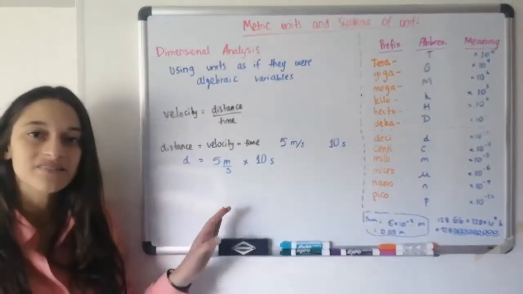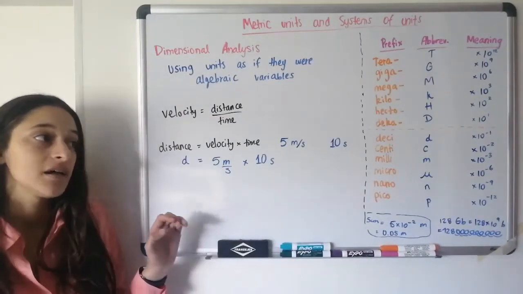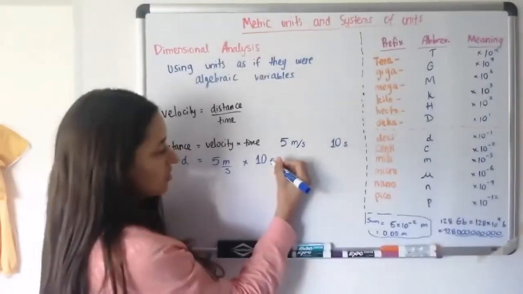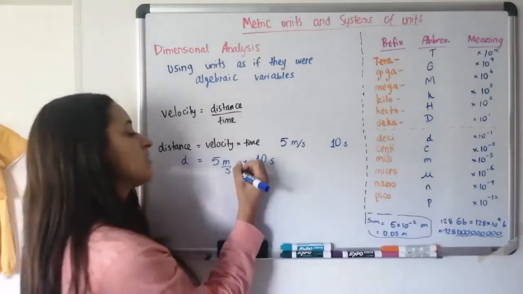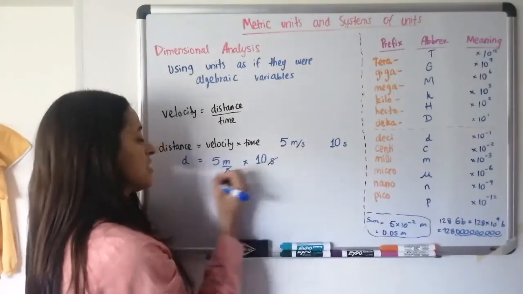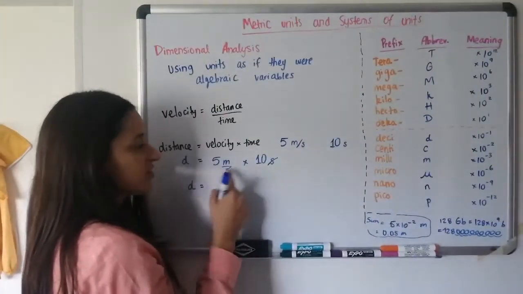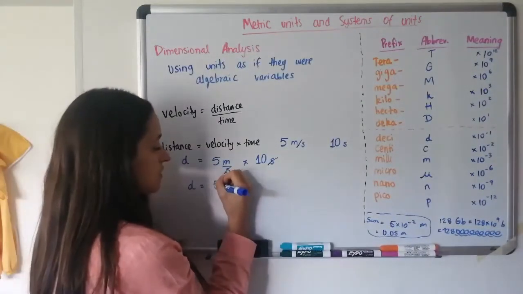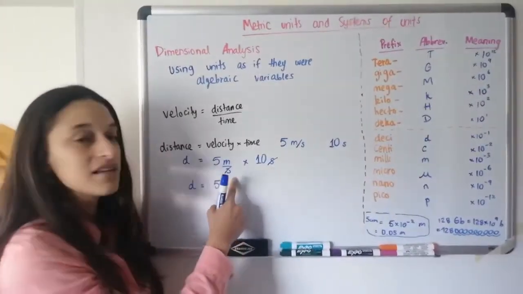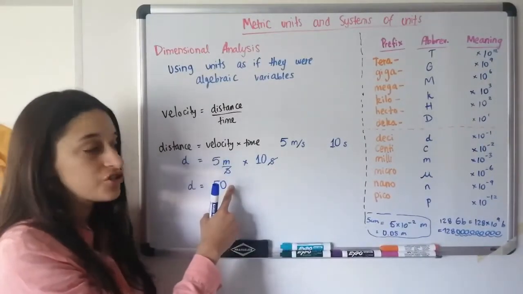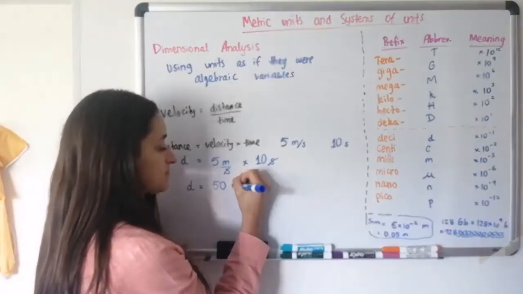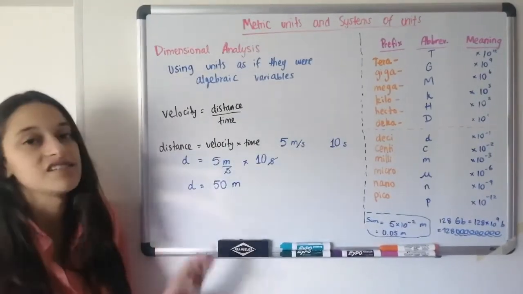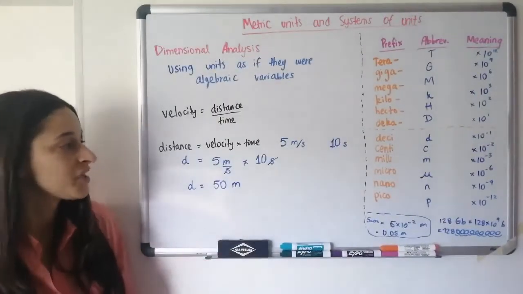And doing exactly the same thing as when we divided a by a and it canceled out, if we have a second on the top and a second on the bottom, these will also cancel out. So our distance would be, we multiply the numbers together, 5 times 10 gives us 50, of course, and seconds by seconds cancel each other out, so we're only left with meters. And notice that meters is actually a unit of distance, so we did it right.